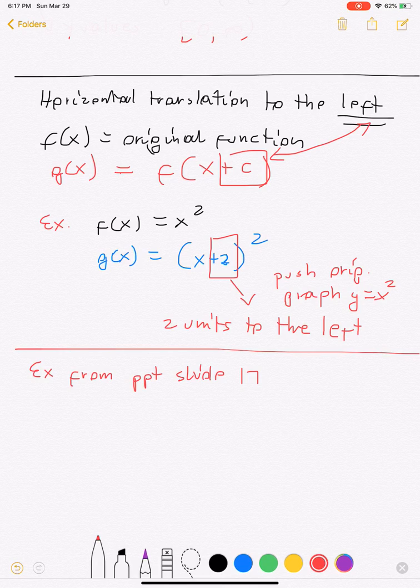So graph. Oh, it's more in that slide. Graph g of x equal absolute value of x plus 3 minus 5 using transformations.